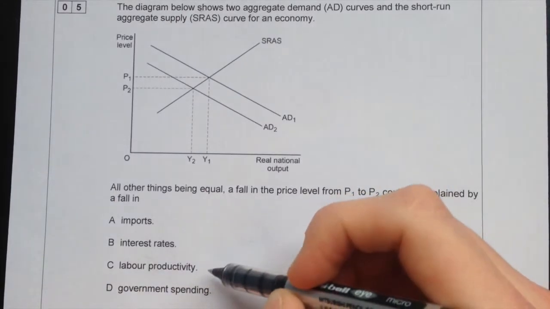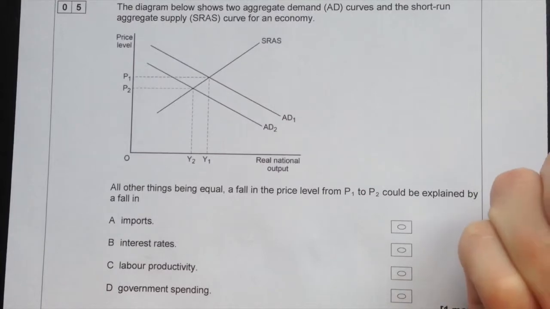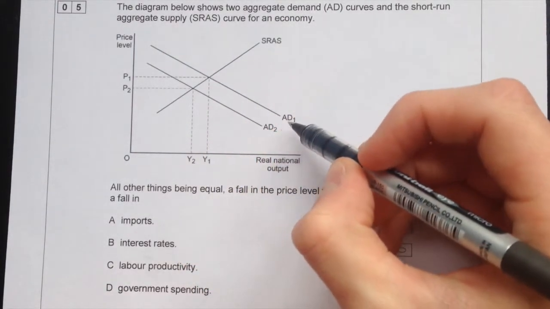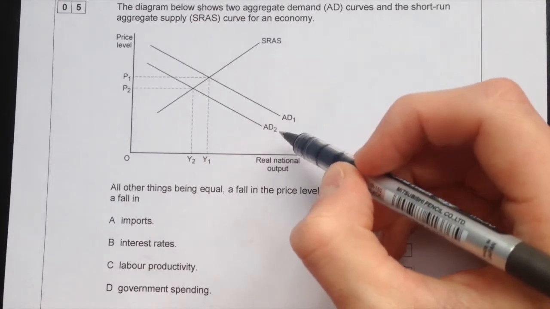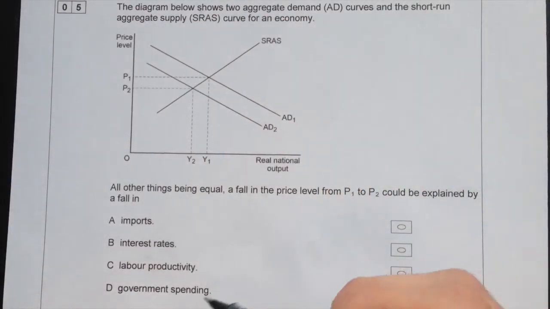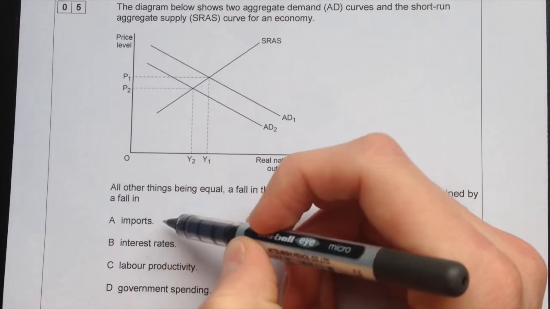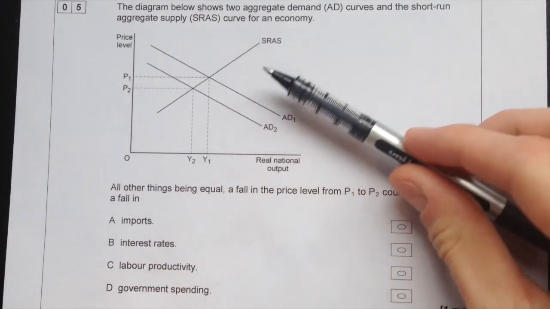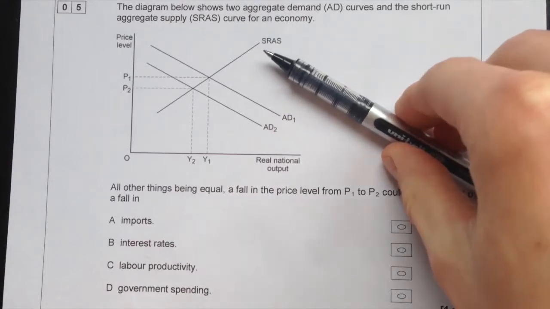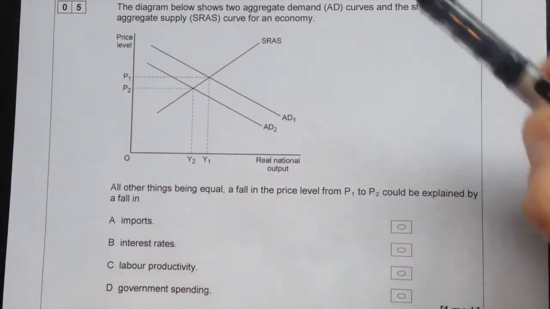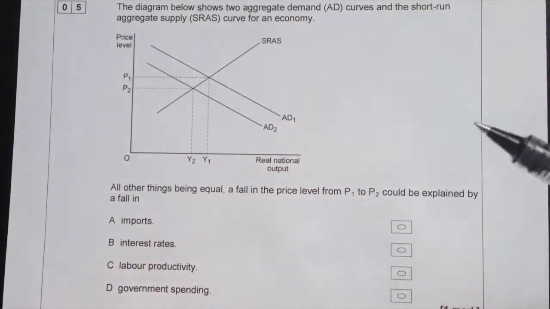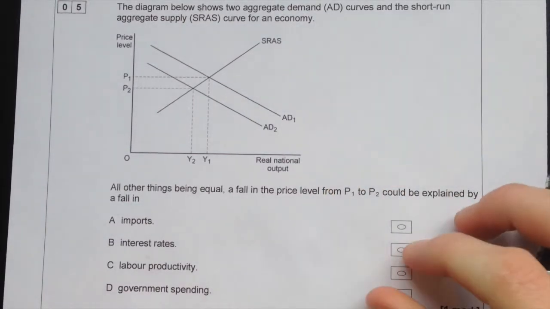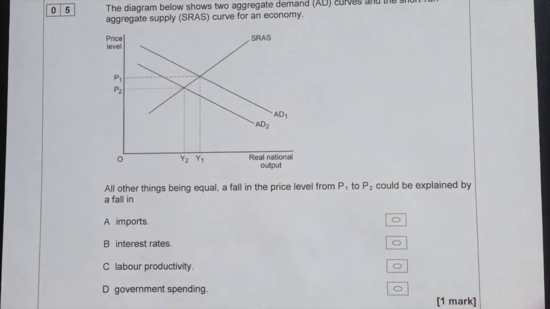It's not going to be labour productivity because that would affect the supply curve, which is not shifting. We're just looking at the shift from AD1 to AD2. Imports, if there was a fall in imports, that would actually cause AD to shift the other way, because rather than individuals demanding imports, they would now demand goods that are produced in the economy, domestic goods rather than foreign goods.